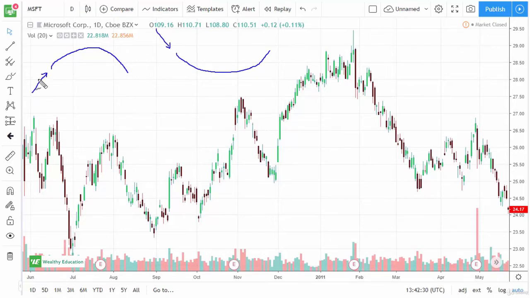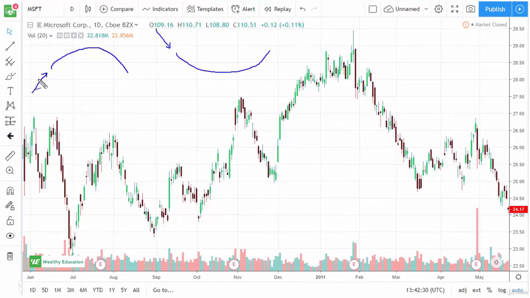So think about what this means. This means that the market has taken its time. In the case of a rounding top, we've rallied for a while. We've run into some resistance, but it's more like a lack of momentum. Perhaps the overall attitude of the market is starting to change.